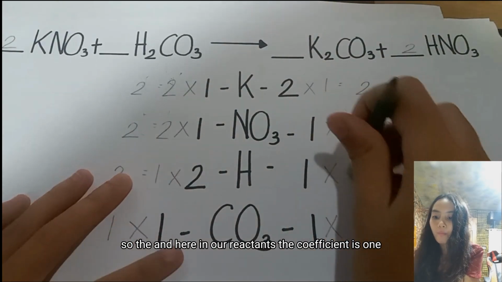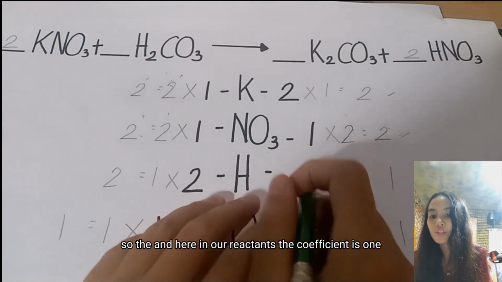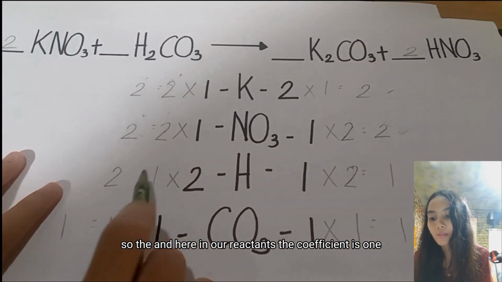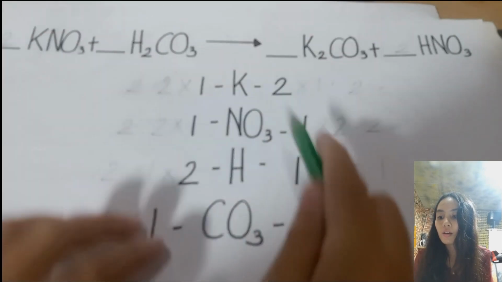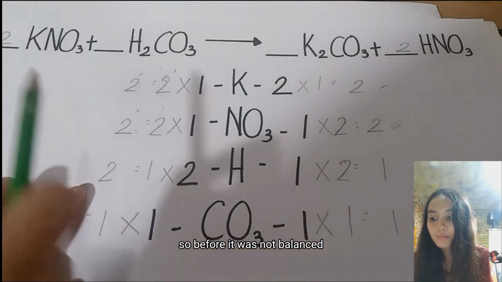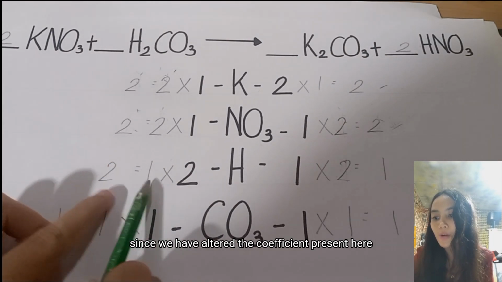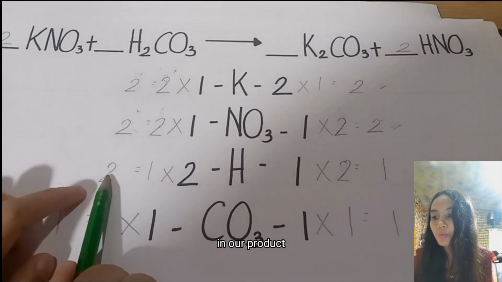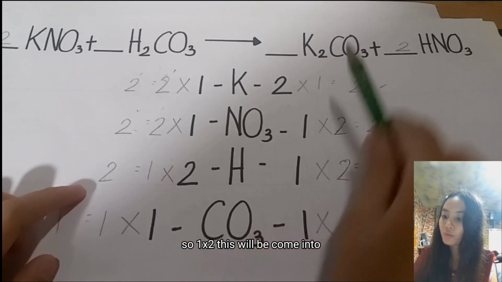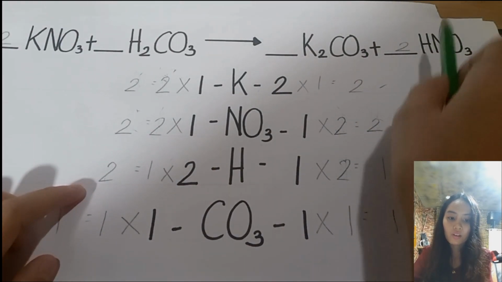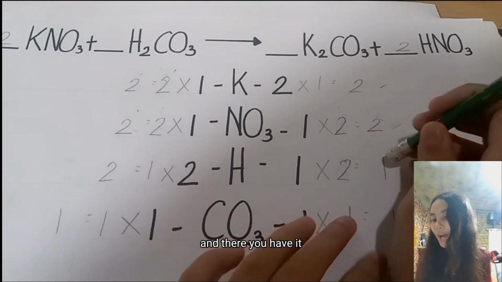And here in our reactants, the coefficient is 1 and it equals 2. So before it was not balanced, but right now it is already balanced since we have altered the coefficient present here in our product. So 1 times 2, this will become 2. And there you have it.